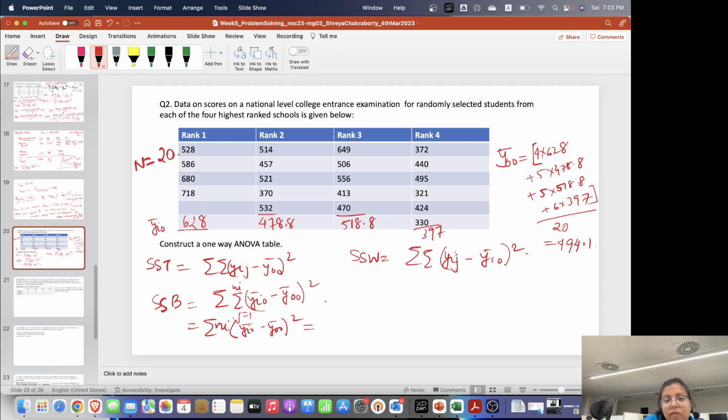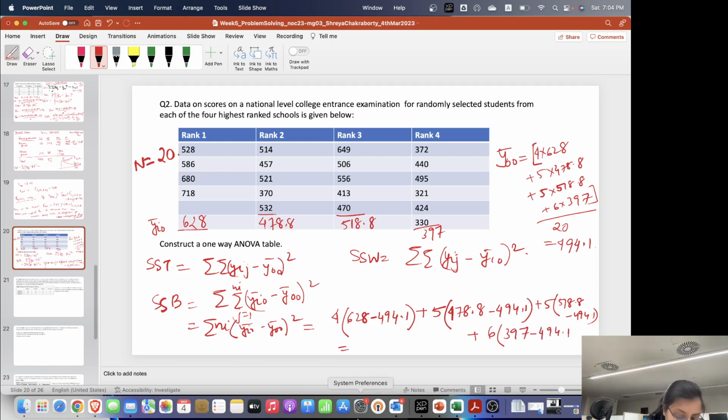So here we have 4 into 628 minus 494.1, plus 5 observations, so 5 into 478.8 minus 494.1, plus 5 into 518.8 minus 494.1, plus 6 into 397 minus 494.1. How much are you getting?